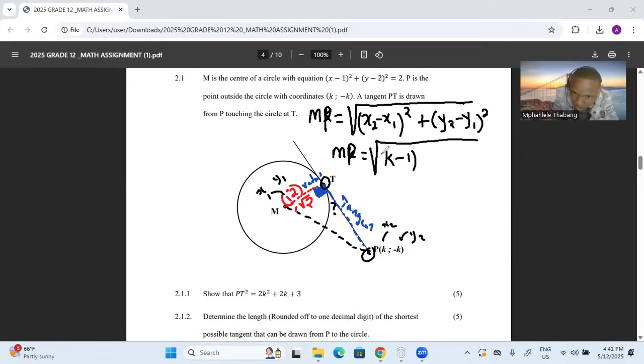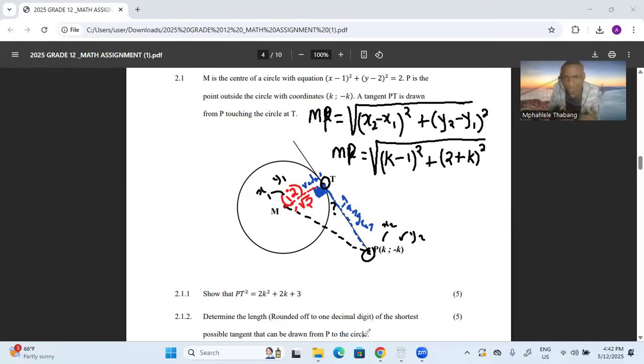K minus 1 squared plus, what is my y2? 2 minus negative K, which will become positive K. So 2 plus K squared. So this is the length from M to P in terms of K.